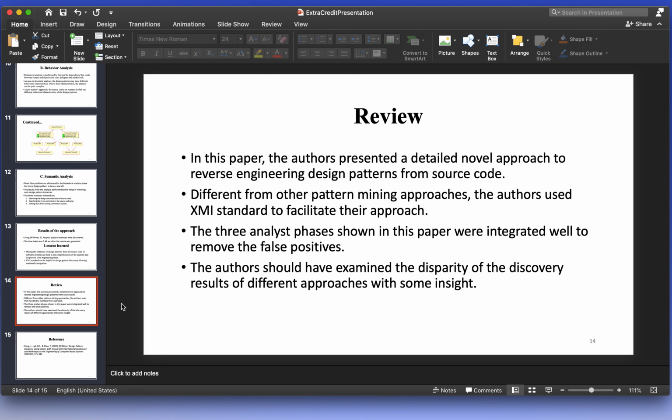Different from other pattern mining approaches, the intermediate representation is based on XMI standard, which allows their techniques and tools to seamlessly integrate with other tools following such standard. The approach includes different analysis phases, structural, behavior, and semantic analysis, to reduce false positives.